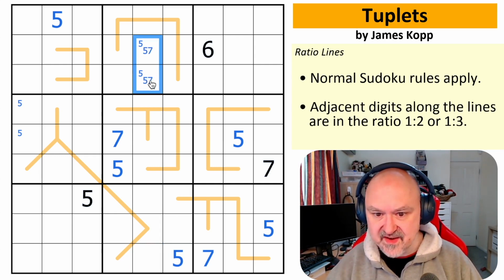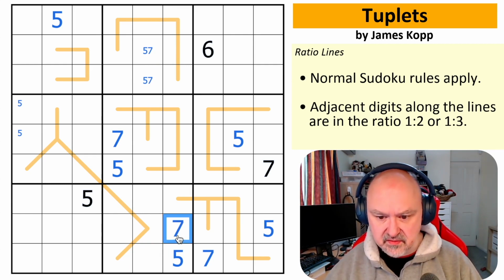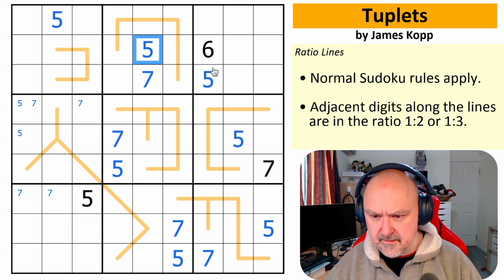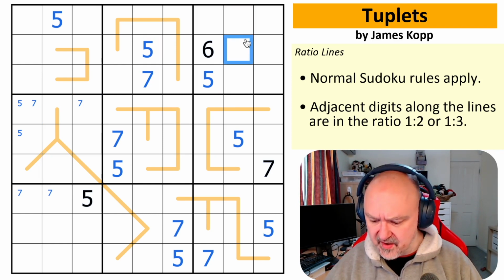Actually, that's a 5-7 pair. So this is 7, which puts 7 up here. 7 is in one of those two. 5 is there, so this is the 7 and this is the 5. So am I going to get all of the 5s and 7s?